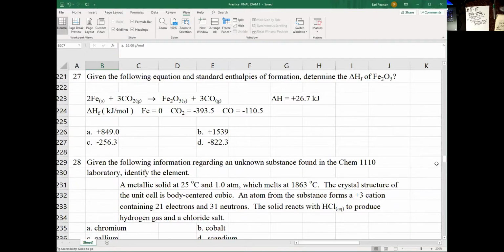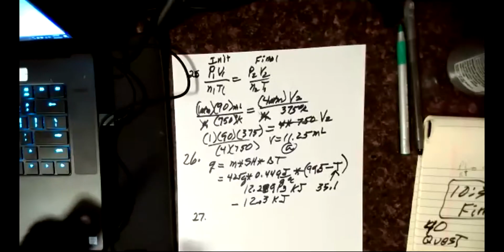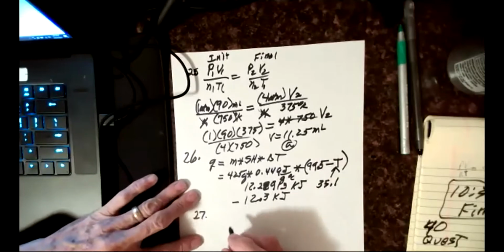All right, 27. Given the following equations, standard enthalpies of formation, determine the enthalpy of formation of Fe2O3. Well, I mean, it's still what we've done before. I'll stop the share so that we can do this.